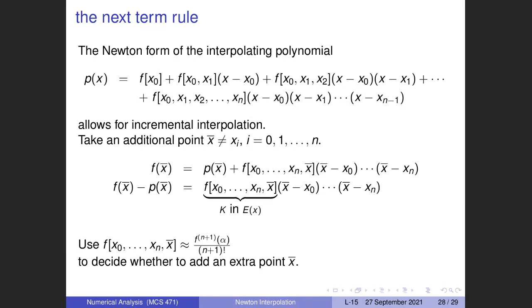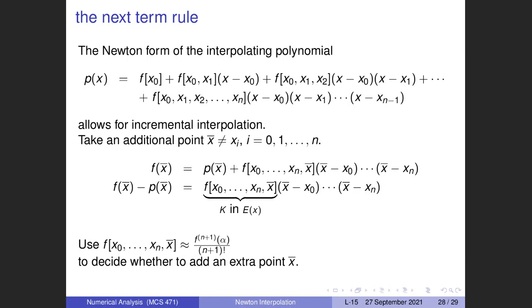So here we have the next term rule that will tell us what this is. You could see the last divided difference as an approximation for the constant k. And that is the next term rule.